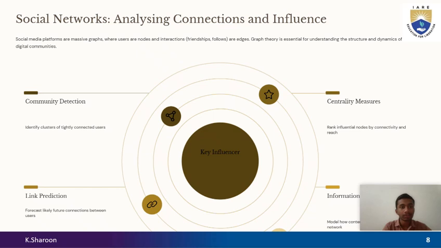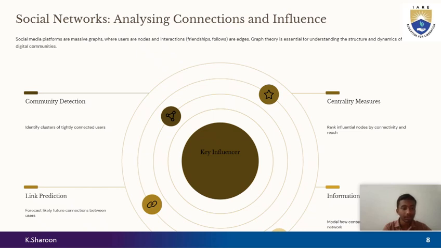And social networks, analyzing connections and influence. Social media platforms are massive graphs where users are nodes and interactions, friendships, follows are edges. Graph theory is essential for understanding the structure and dynamics of digital communications. Here you can see a diagram representing key techniques in social networks.